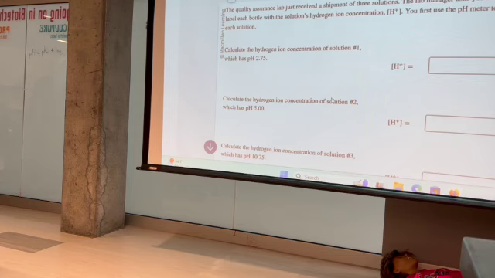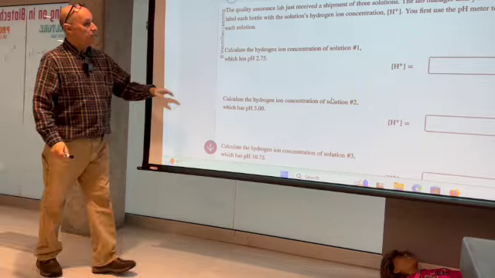That's not the only way to do it, but if I want to get the H+ concentration, I simply take 10 as the base, raised to the negative pH. And you repeat that for each one of the problems.